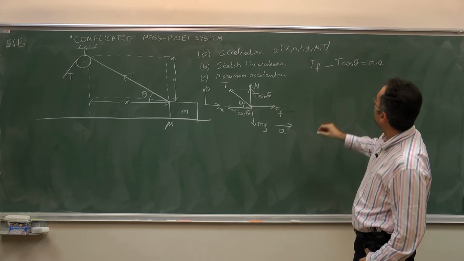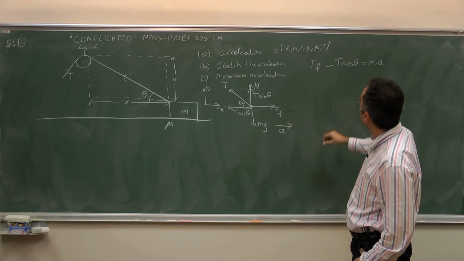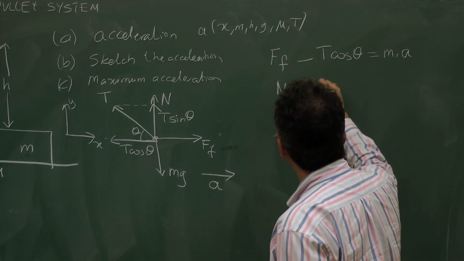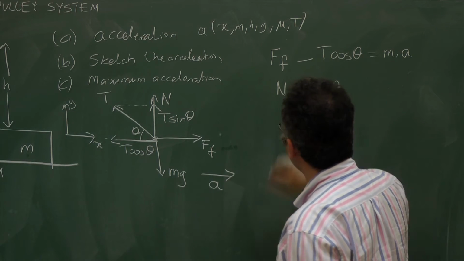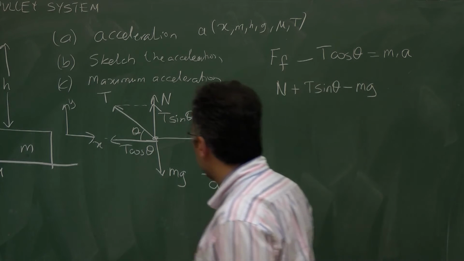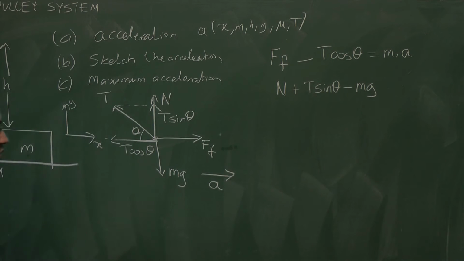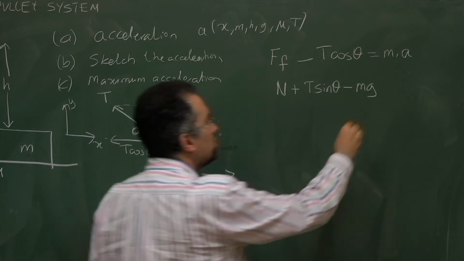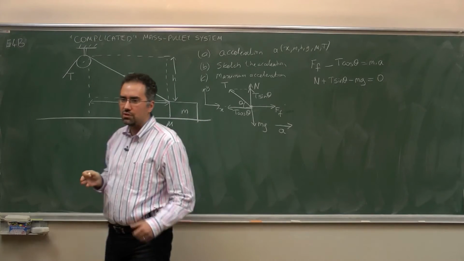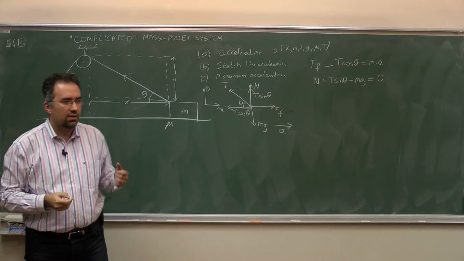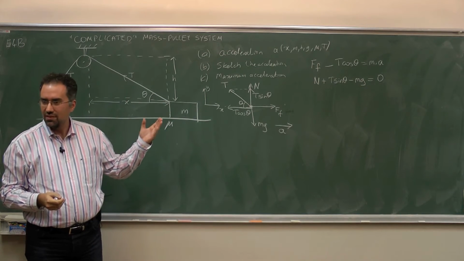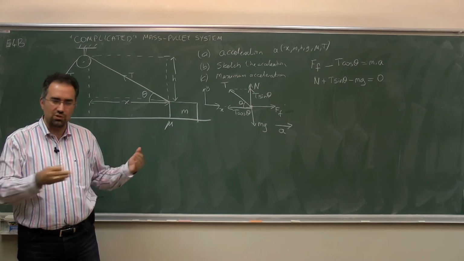And in the y direction, I have N plus T sine theta minus mg. Since I'm assuming no acceleration in the y direction, this is going to be 0. One thing I didn't mention is we have an additional assumption here: the force T is not enough to lift the object at any position during the motion.